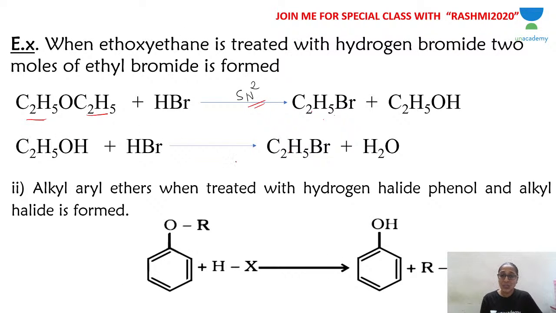Both the reactants are there in the same step. The bond between oxygen and carbon is broken, and the bond between H and Br, H and O is formed simultaneously. What is SN2? Nucleophilic substitution bimolecular. Both the reactants are there in the slowest step.